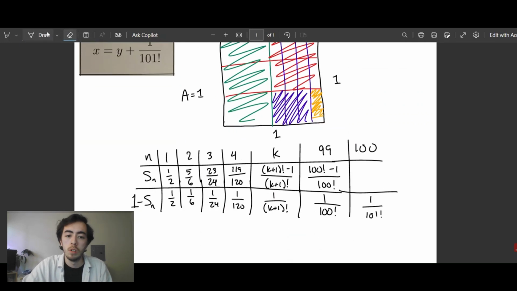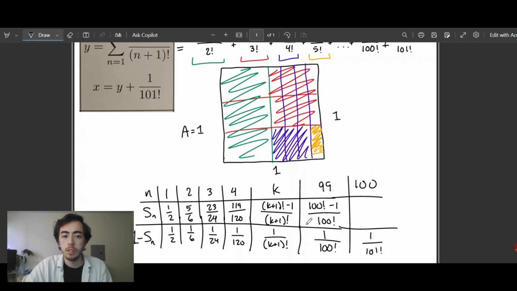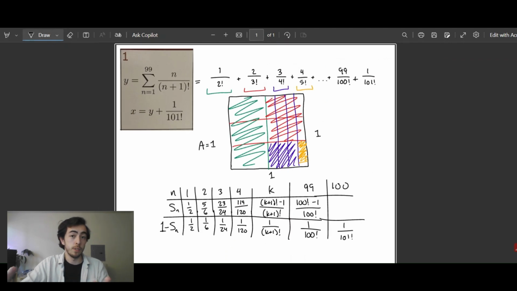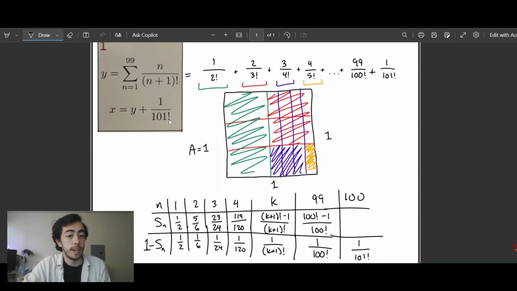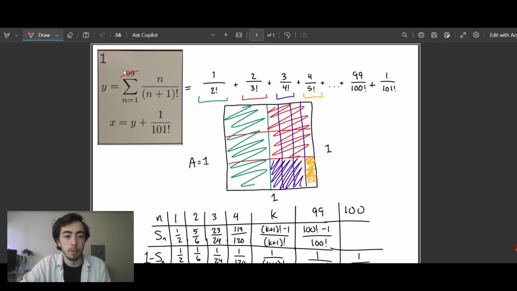Huh. All right. So it looks like if all my math is right, and I think it is, this problem needs to be corrected slightly. Either the upper sum has to be 100, or this has to be the number 100. And I feel like it looks a little bit neater to just cross off this 99 and then put a 100.